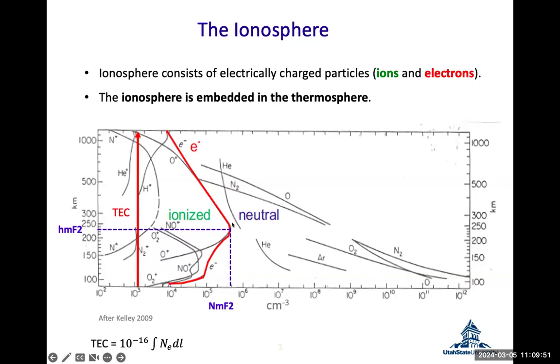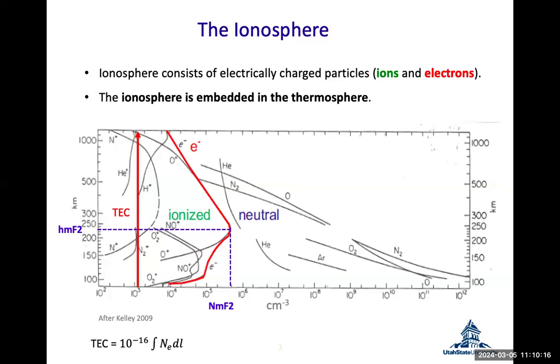If we look, for example, at hmF2, we see that the ions are about a factor of 1,000 less than the neutral density. So the neutral density is 3 orders of magnitude more dense than the ionosphere. And that, of course, has large impacts on the dynamics and the chemistry of the ionosphere.